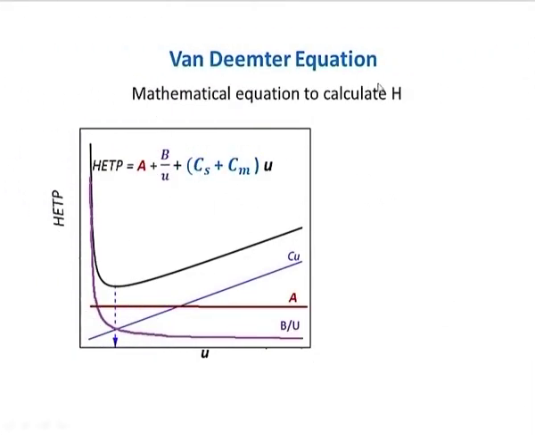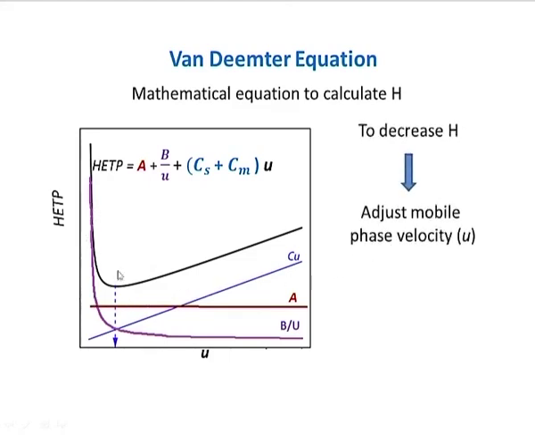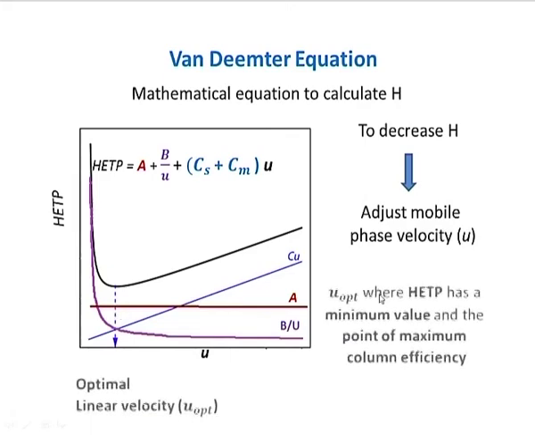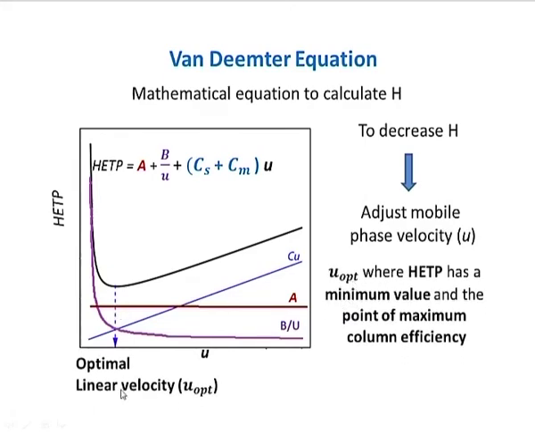This is something we had seen in the previous lecture, the Van Deemter equation, and one of the outcomes of the Van Deemter equation was that one can always change the mobile phase velocity u, and one should aim at getting a value of u in this region, which is a very sweet value of mobile phase velocity, called the optimal mobile phase velocity. If one reaches this value, this is the point of maximum column efficiency, and you get the least plate height here, right.